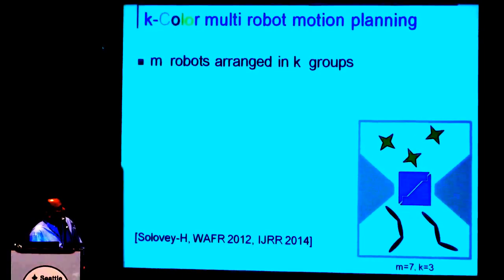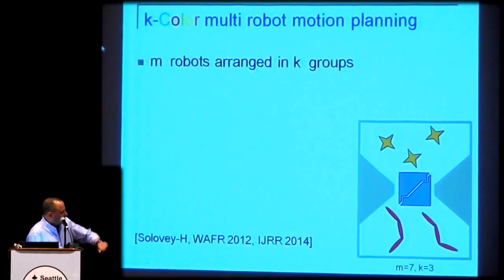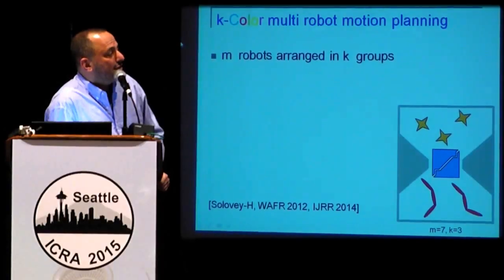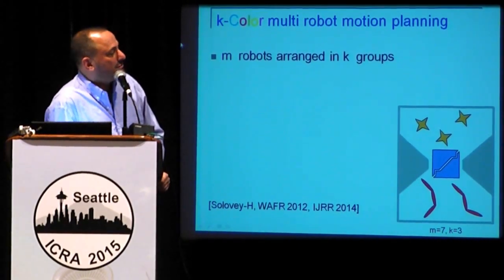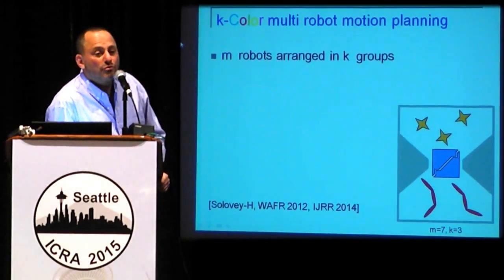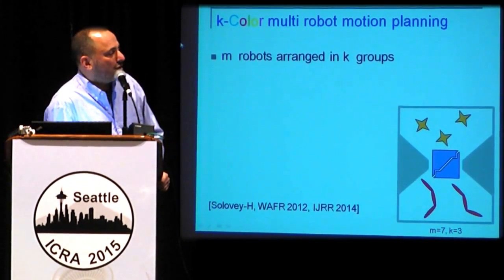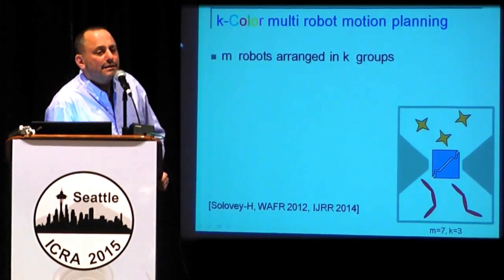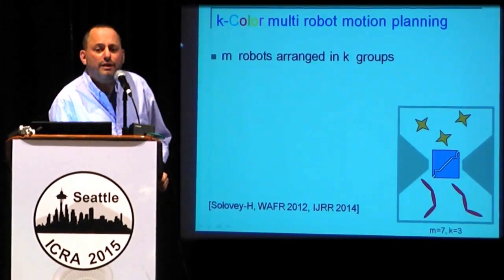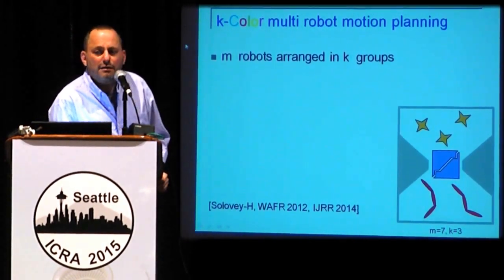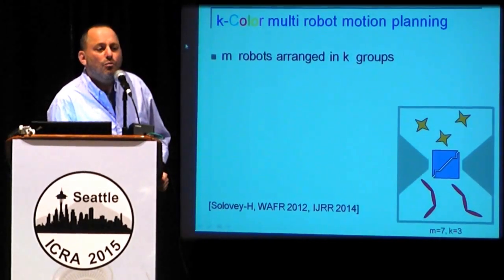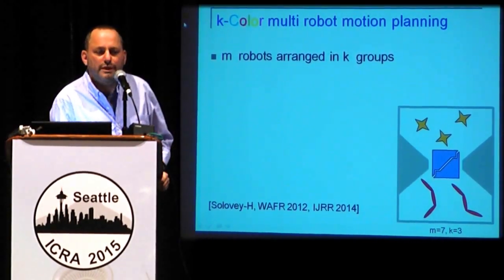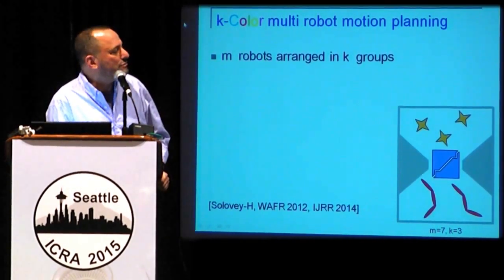We call it the K-color multi-robot motion planning. In the picture, you see 7 robots, yellow, blue, red, moving in a planar workspace where the obstacles are gray, and they are arranged in 3 groups. And in the K-color motion planning problem, we don't distinguish the robots within one group.